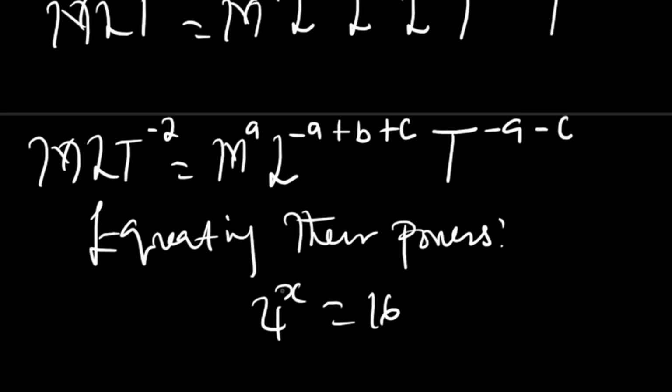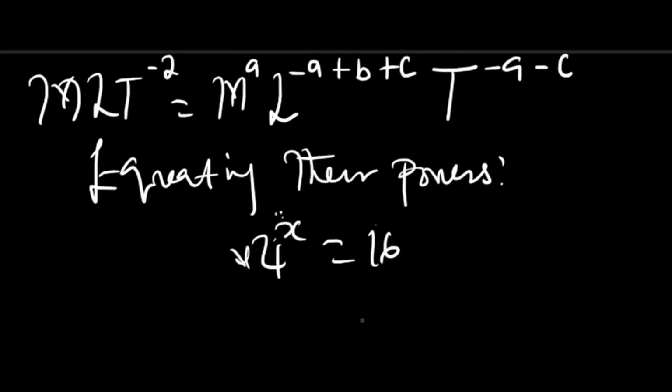You are being asked, what number will I raise 4 to, which we don't know, to get 16. So that means that if you put a 2 here, for example, 4 raised to the power 2 will give you 16. But you cannot just guess the number.